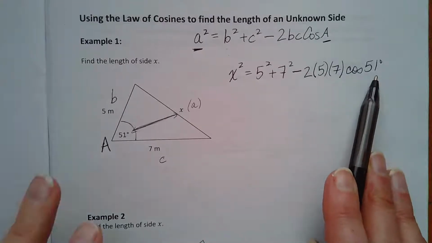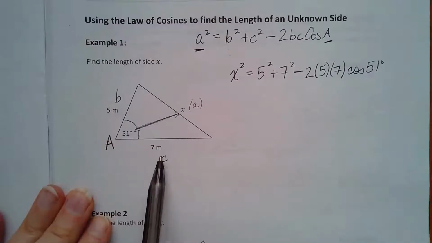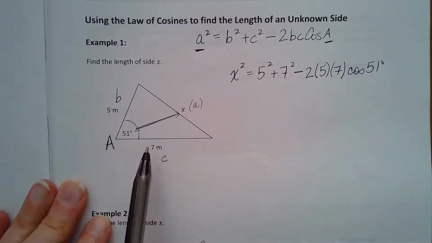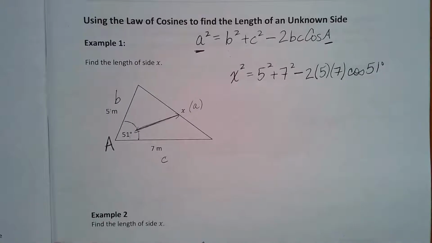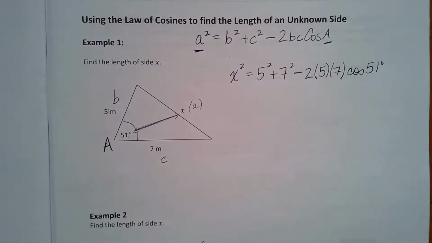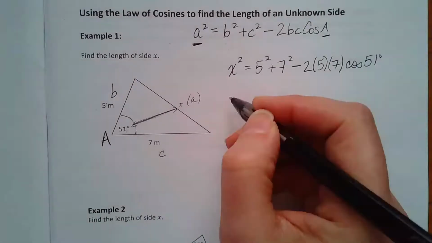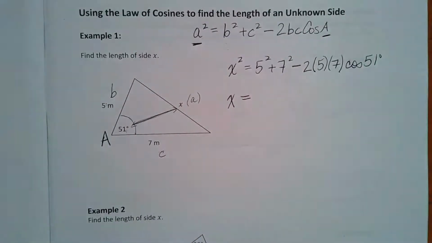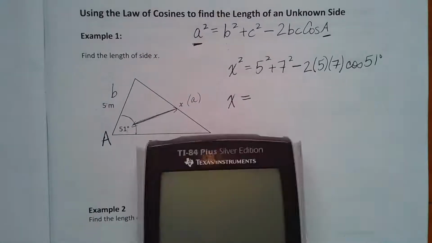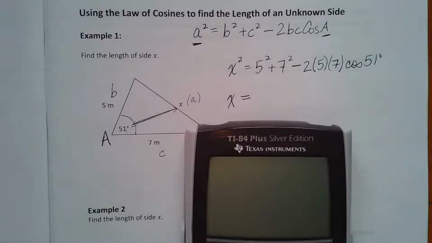So once again, you can see you're just taking the two sides you're given, plugging them in here, here, here, and here. And then it ends with the angle given. So you're given 3 pieces of info, right? 1, 2, 3. These are your two sides. This is the angle. I'm going to go back in a second, talk about the law of cosines in general for a moment, but this is it. So x squared equals, what you do is type this big mess into your calculator. There's no division involved in the law of cosines when you solve for a side.